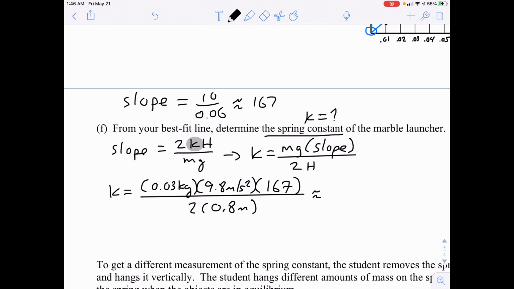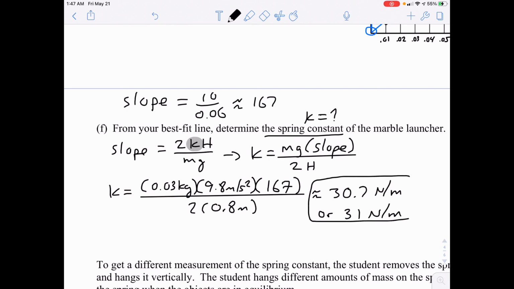So we go 0.03 times 9.8 times 1.67, and divide that value by 1.6, which is 2 times 0.8. And I'm getting roughly about 30.68. We could say 30.7 newtons per meter, or maybe just round it up to 31. That'd be fine too.